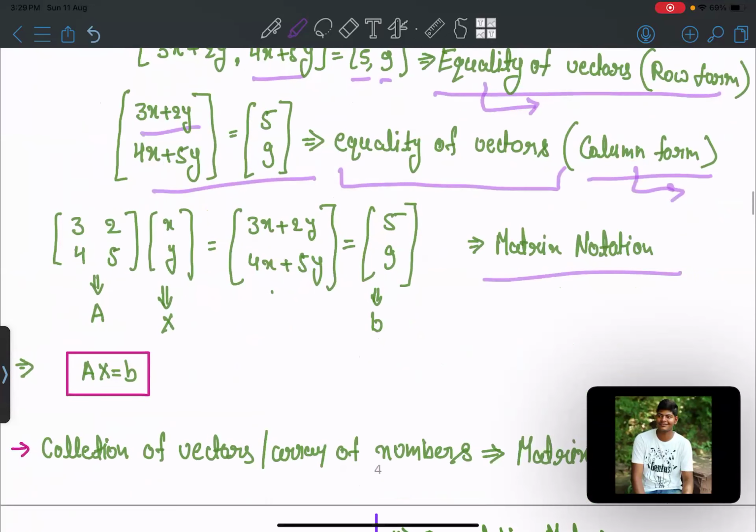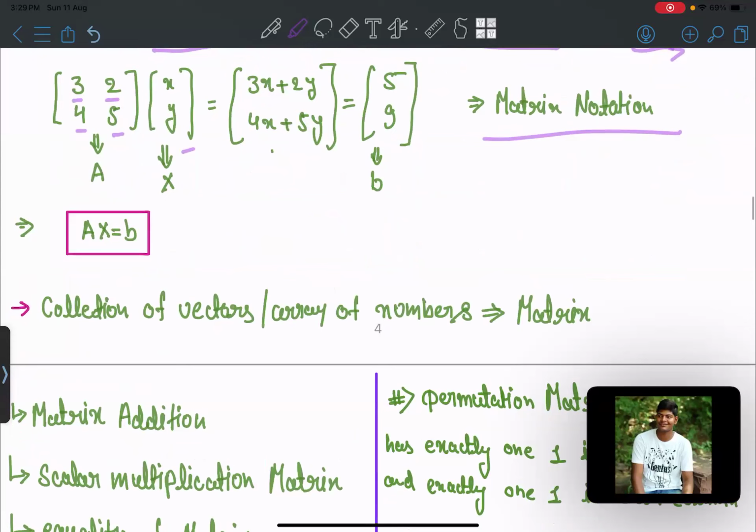This can be represented as A multiplied by x, where A is equal to the coefficients, x is equal to the variables that are unknown, and b is equal to the right hand term. So simultaneous linear equations can be represented as Ax equal to b. Okay.